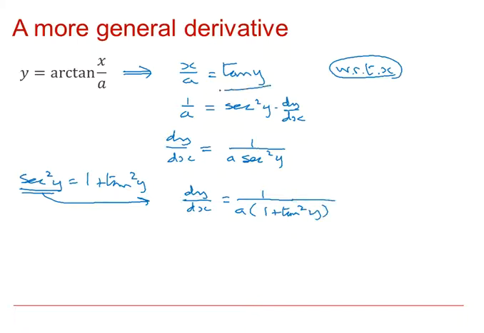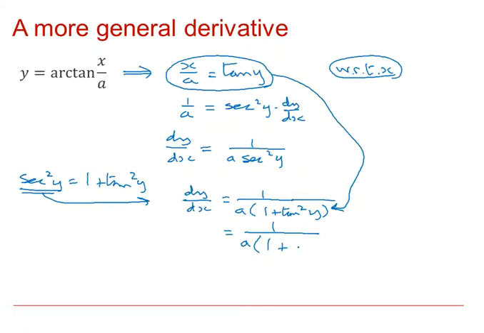And then we can use the fact that tan y was defined as x over a and reintroduce that, so this becomes 1 over a times 1 plus, and tan squared y will be x squared over a squared. If we lose the bracket now, expand the bracket, we get a plus x squared over a, and the standard way of writing this answer is to times top and bottom by a.